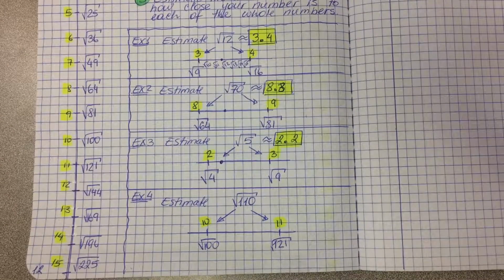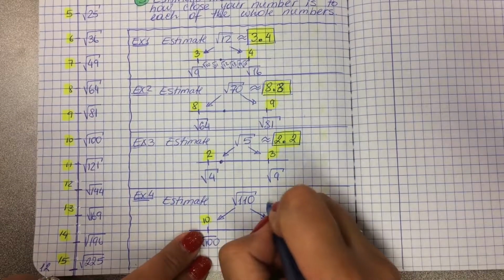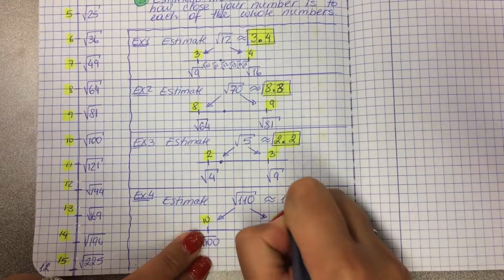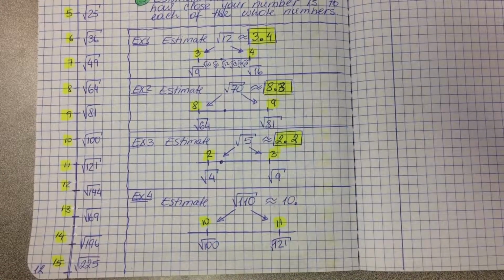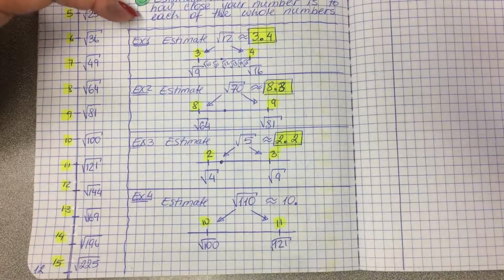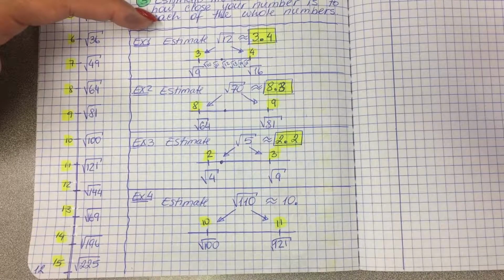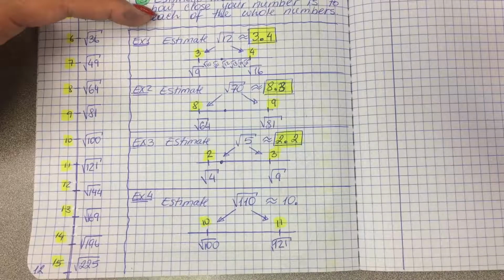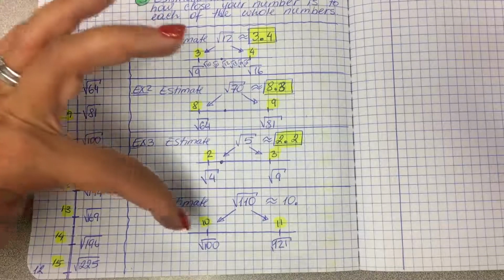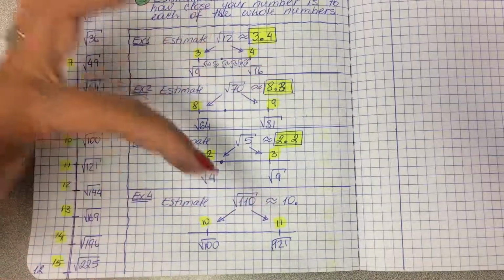Step 2, what would be the decimal approximation? That would be 10 point something. What would be the actual decimal number closer to 10, to 100, or to 121? So that means closer to 10 or to 11.